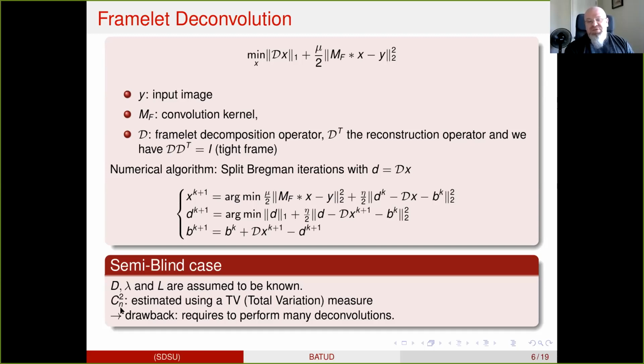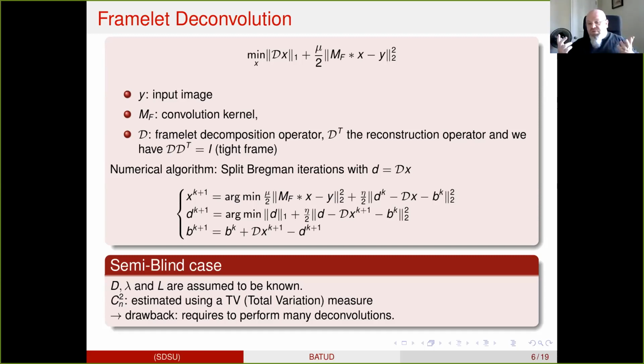Now the big problem is the Cn square. Because the Cn square parameter, it is actually possible to measure it. The problem is the measurement requires some very specific equipment that needs a laser source and also a sensor at the other side.